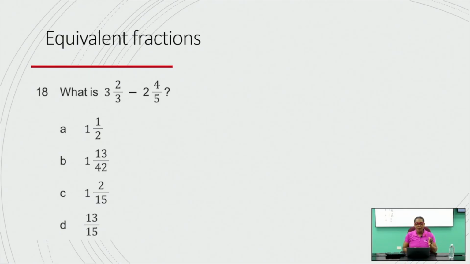If you have a pizza cut in eighths versus a pizza cut in quarters, it's kind of hard to share those slices equally. So you want to make sure both pizzas are cut in the same number of slices. That's pretty much what we're doing here with the fractions. So let us subtract. The lowest common multiple for 3 and 5 is 15.